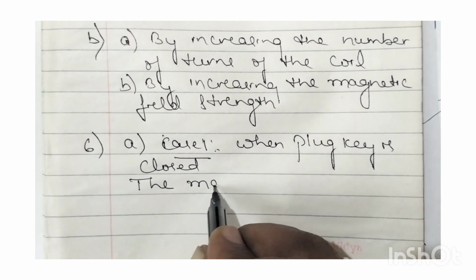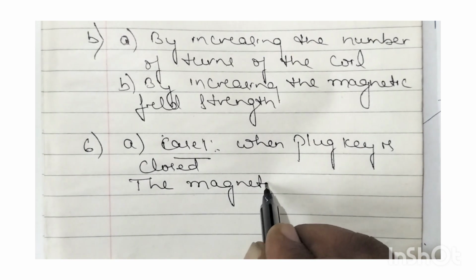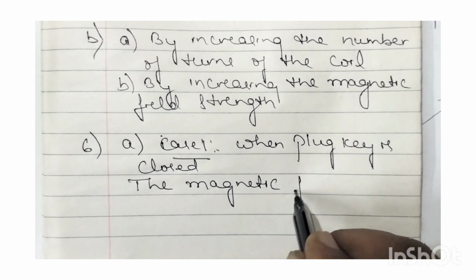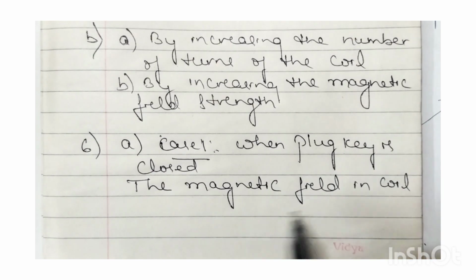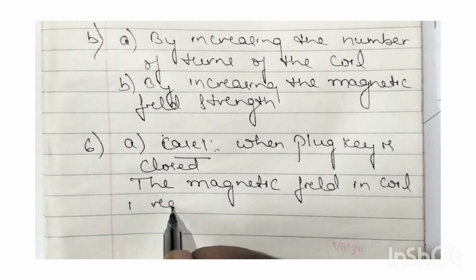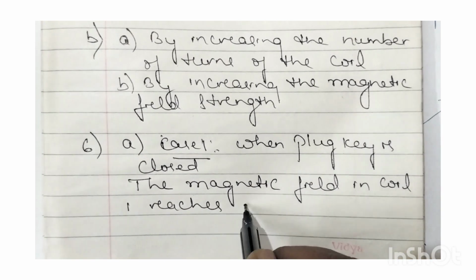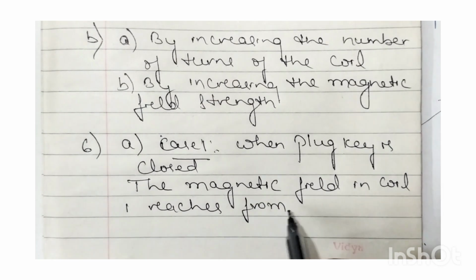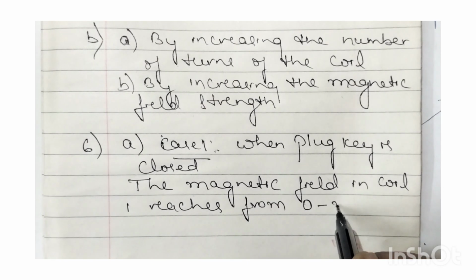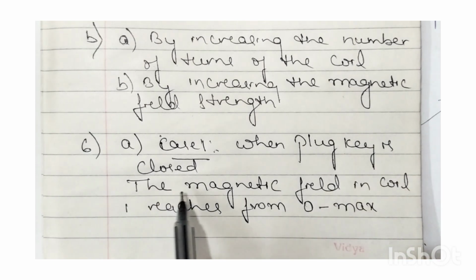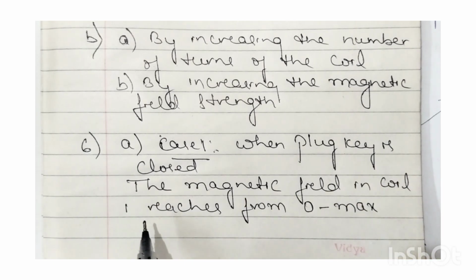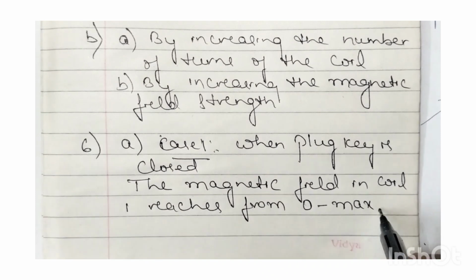The magnetic field in coil 1 reaches from 0 to maximum. So when the plug key is closed, the magnetic field in coil 1 reaches from 0 to maximum.